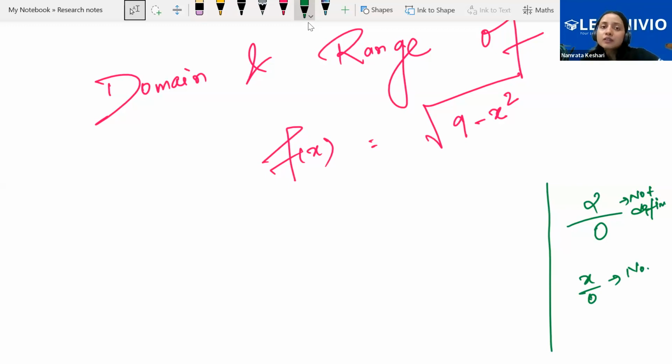Just a glimpse of that you have seen in the definition of a rational number, that every number which is in the form of p by q, where p and q both are integers and q is not 0, those are called rational numbers. It is not just limited to rational numbers. Here also we will always be careful that the denominator should not be 0.